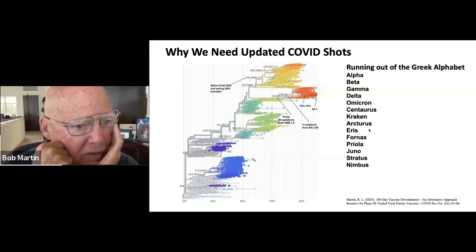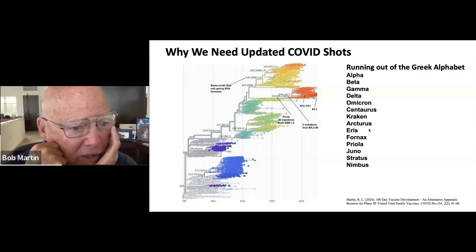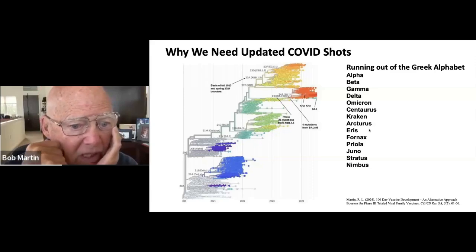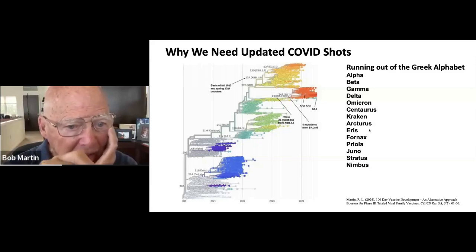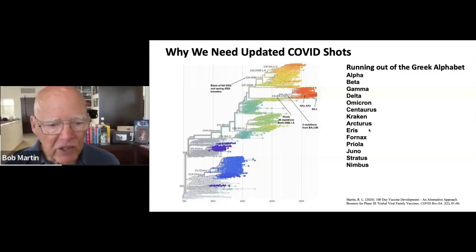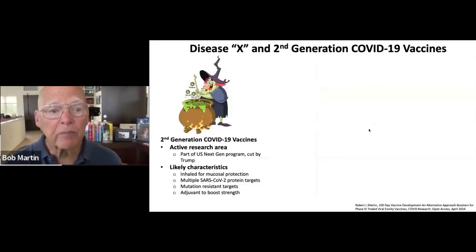And the basis of the fall 2023 upper left and spring 24 boosters was XBB.1.5. Unfortunately, by the time it came out, different variants were present. And therefore, the XBB.1.5 vaccine wasn't particularly effective.